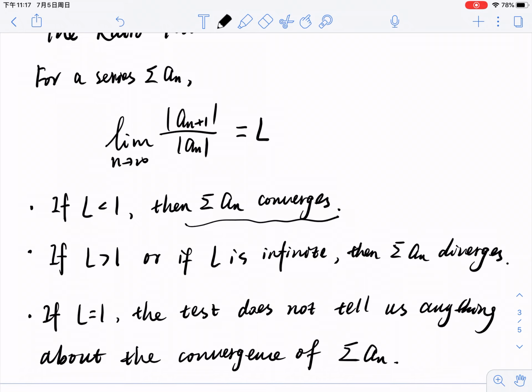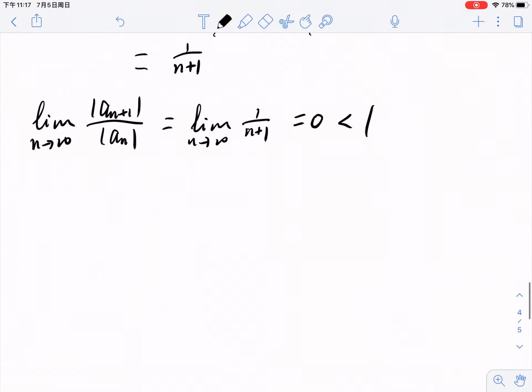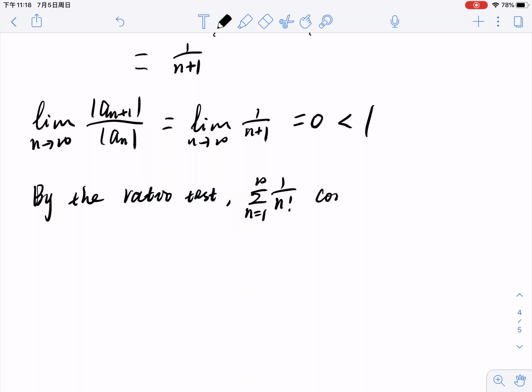So then the series converges. Because the limit is 0, which is less than 1, by the ratio test, the series sigma 1 over n factorial, n from 1 to infinity, converges.